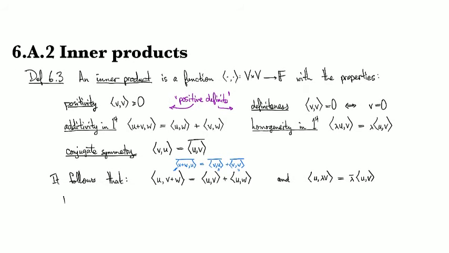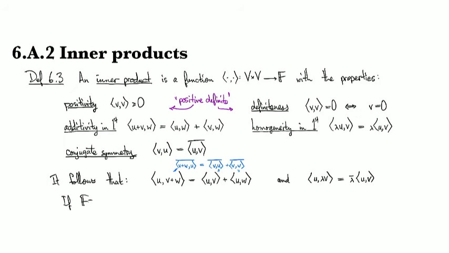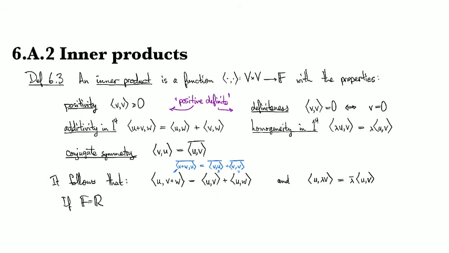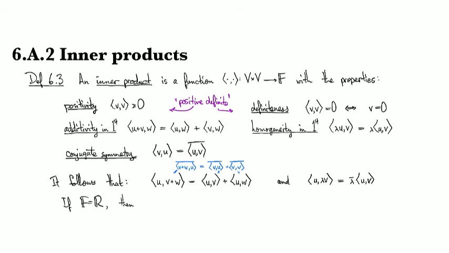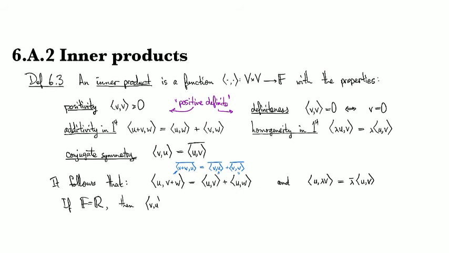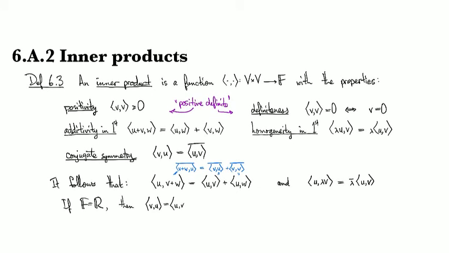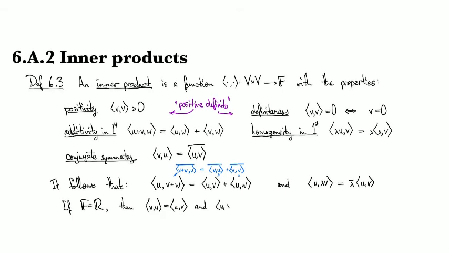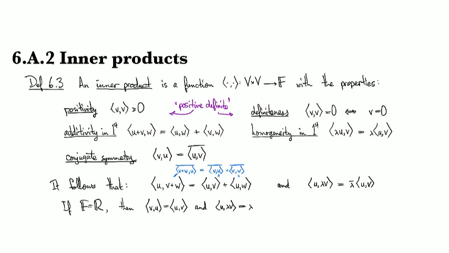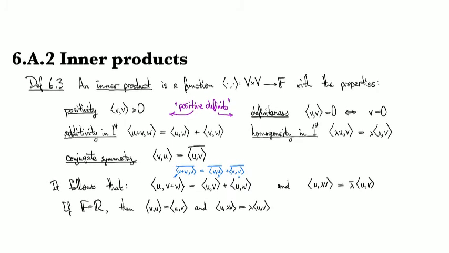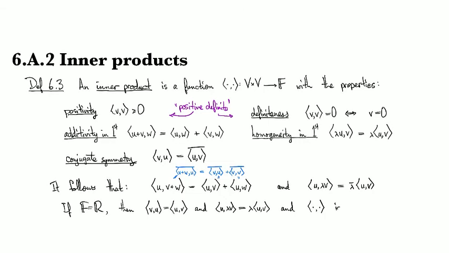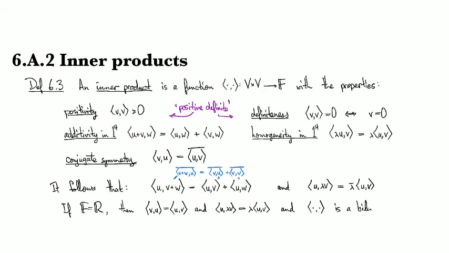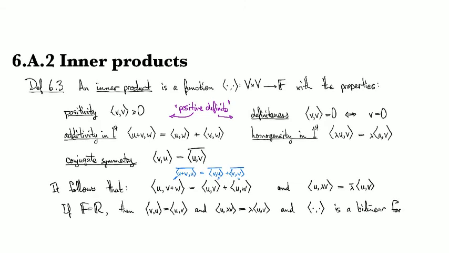And so if the underlying field is the reals, then the inner product of V and U is equal to the inner product of U and V, and the inner product of U with lambda V is equal to lambda times the inner product of U and V. And we say that this widget is a bilinear form.